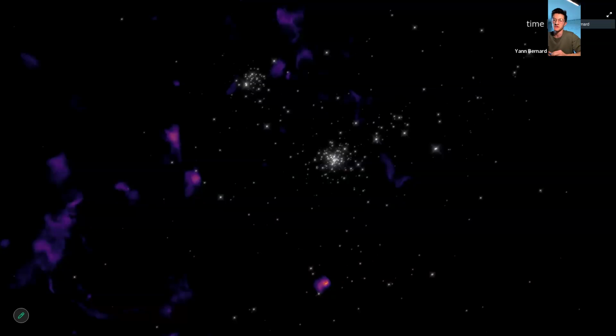But if I wanted to implement outflows, I should probably do that on the sink particles. The typical way of doing that in star formation simulations is by just expelling a certain fraction of the mass accreted by the sink particle in a certain typical cone that is randomly picked or given by the spin direction of the sink particle, something like that.